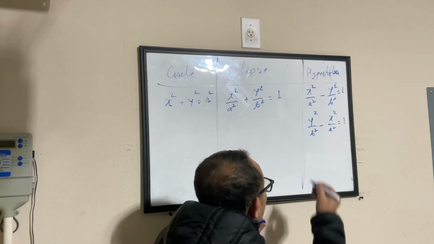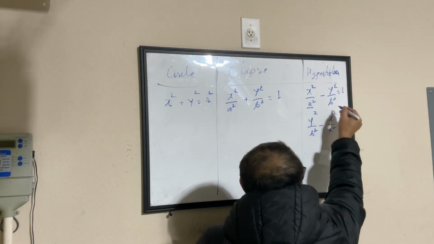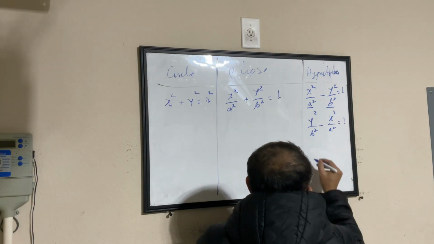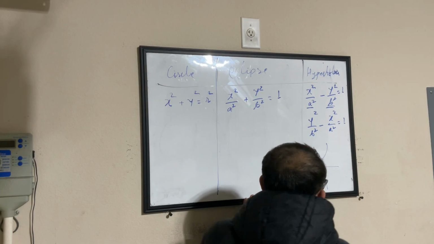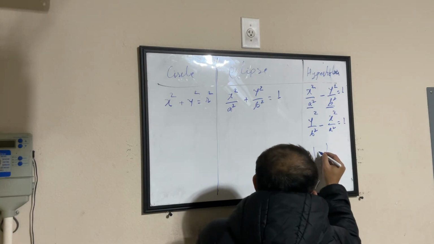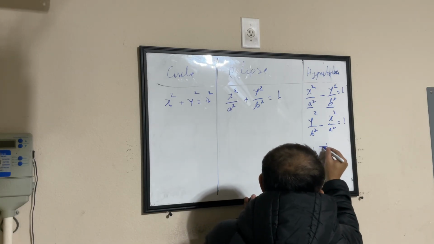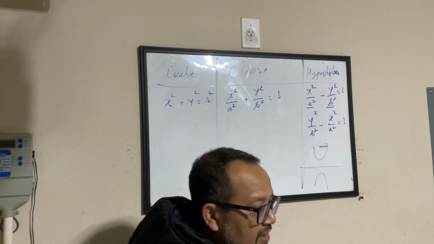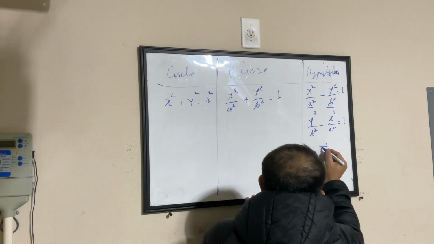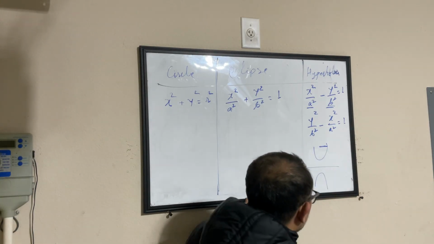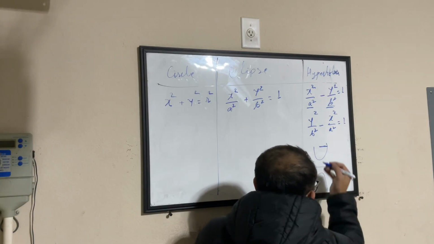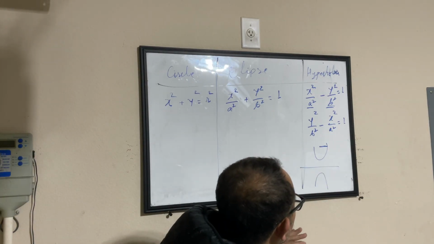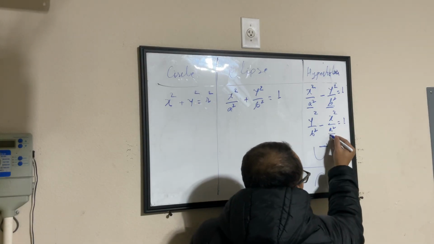And again, if you look at A and B, if you are looking at this hyperbola, your A is, I'll call it the minor radius. B I'll call the major radius. Why I'm saying so: A is the radius along the x-axis.